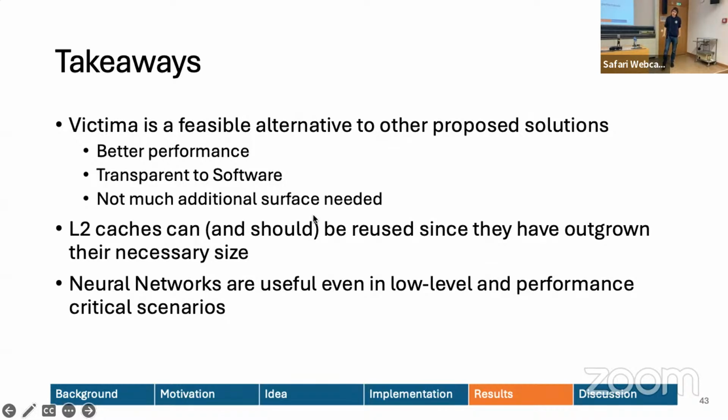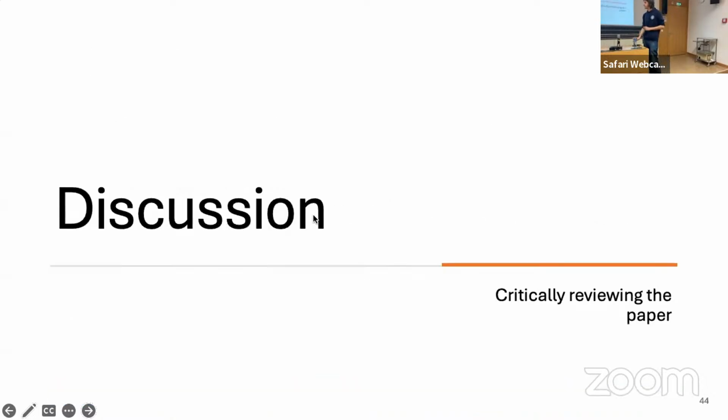The L2 caches can and should be reused because they've outgrown at least some of the applications we run on them. And although neural networks weren't used here, we can see that they might be a good idea, even in low-level and performance-critical scenarios like this. So now let's continue with the discussion.